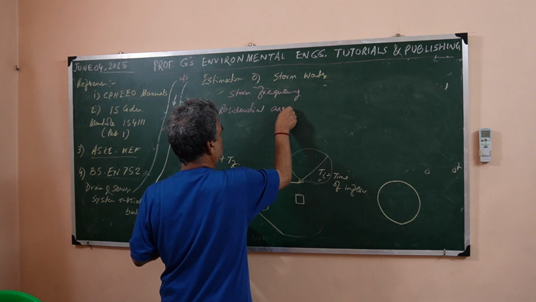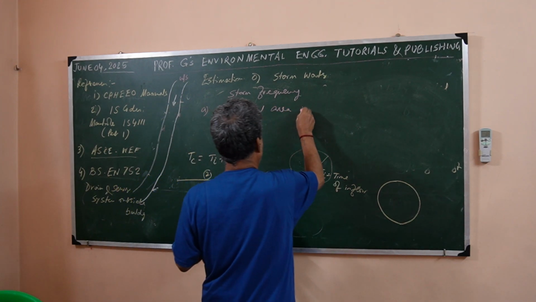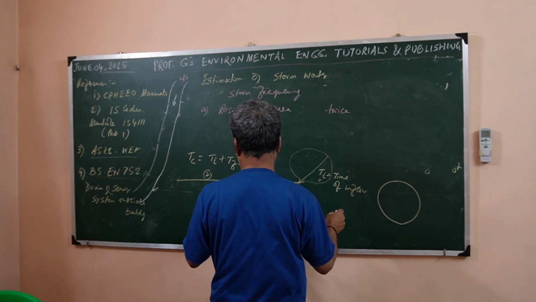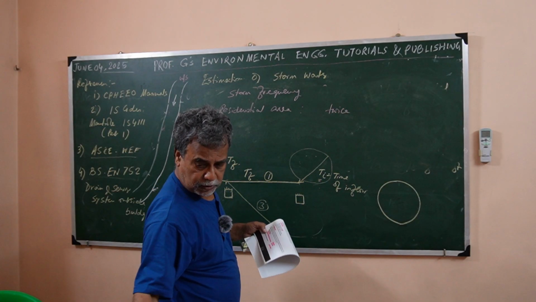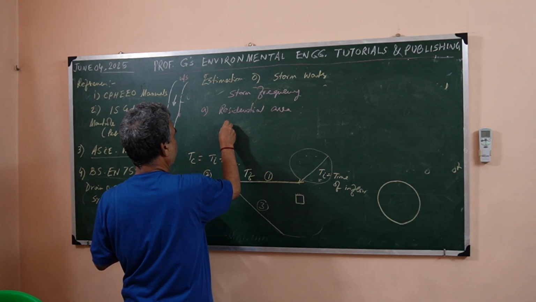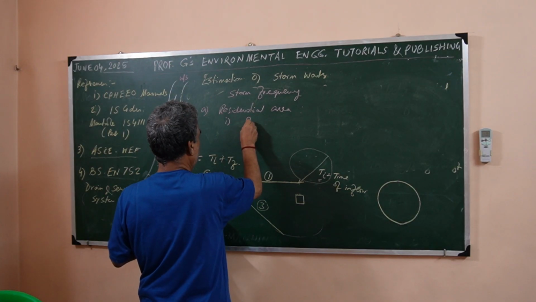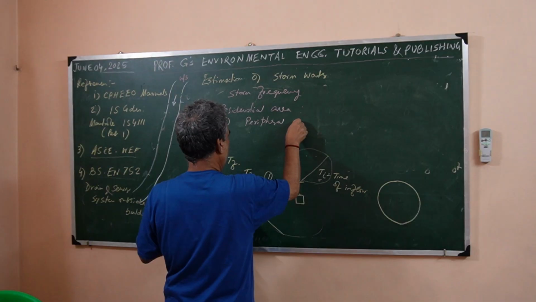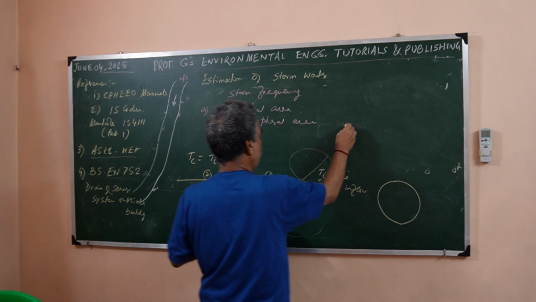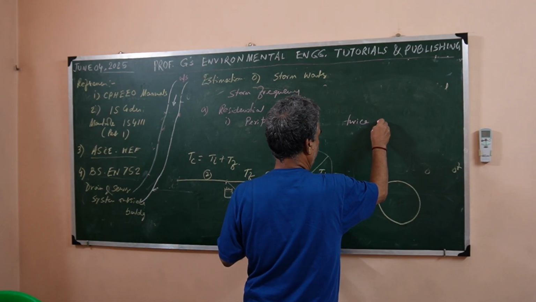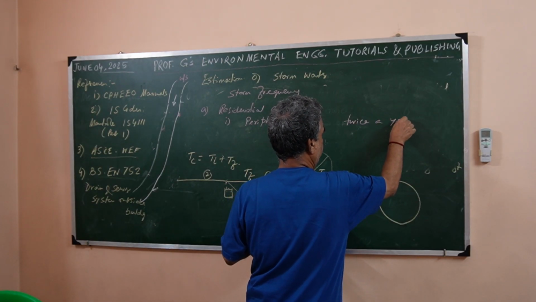That is considered twice, residential, and let me just erase this. This one is the peripheral areas, so that is twice a year.